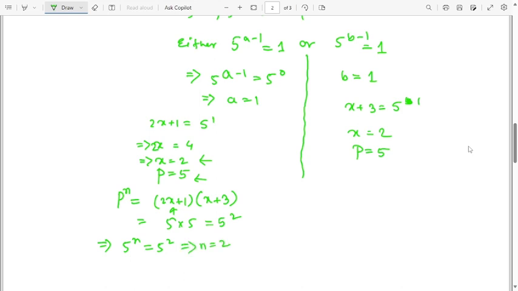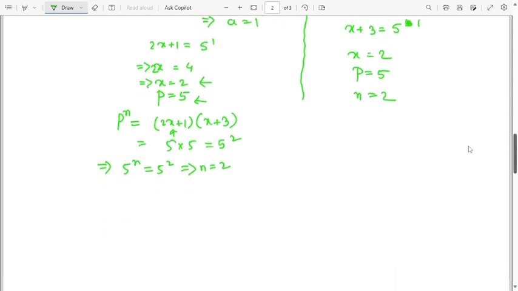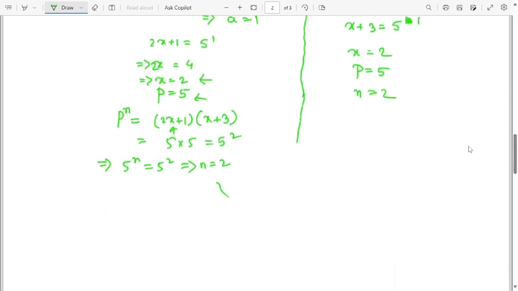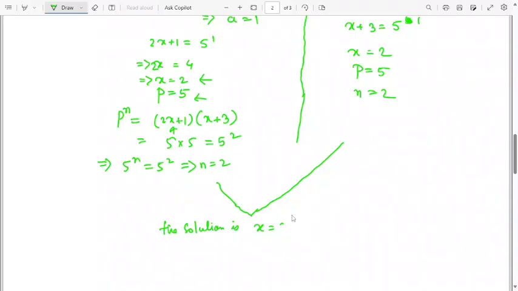Similarly, as x equal to 2 and p equal to 5, we also get n equal to 2 here. So in both the cases, the solution is x equal to 2, p equal to 5 and n equal to 2.